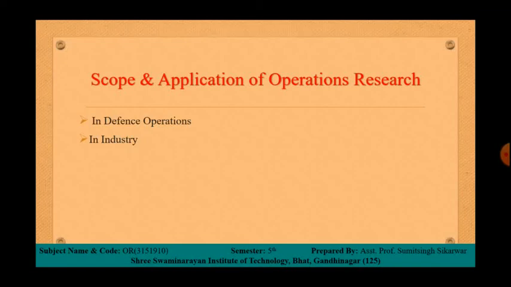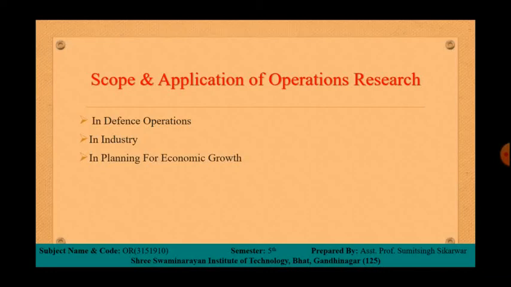Our third application is in planning for economic growth. In a country like India, we have five-year plans for steady economic growth. Every state government has to prepare plans for the balanced growth of the state.